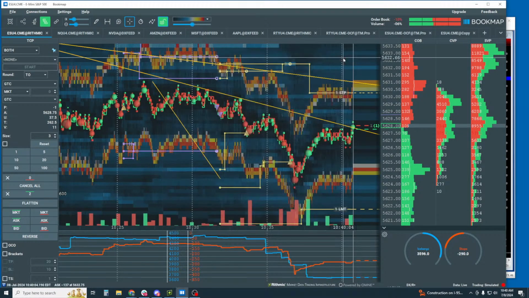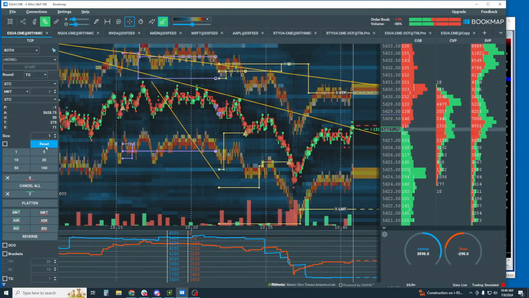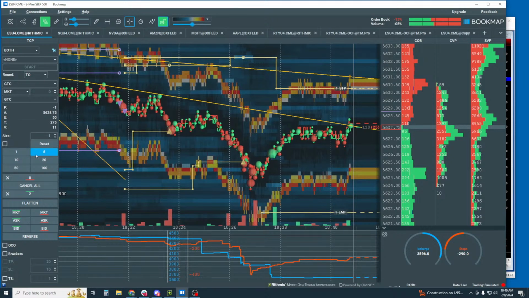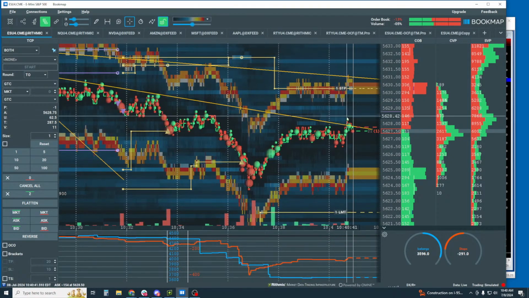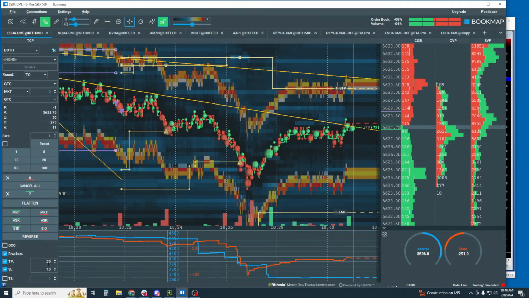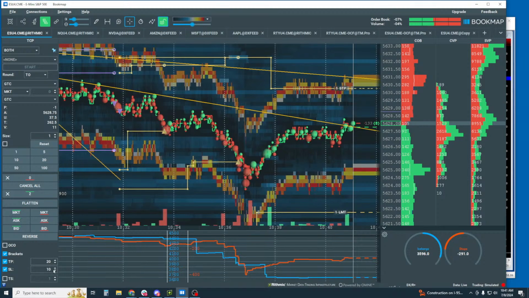If I do that, then I come back in here and I would just be trading 1 contract, or whatever, 5, 6 contracts, whatever you want to put in here. Now we can also put in bracketed orders too. So 1 order, take profit of 20, stop loss of 10.